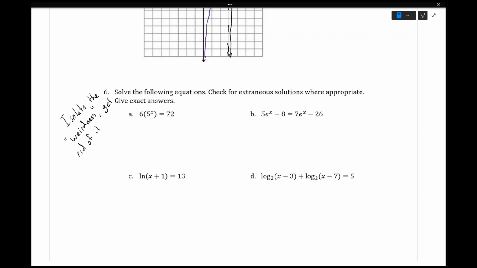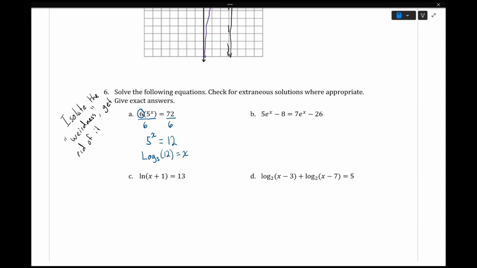The one problem I have is I have this 6 right here. So I need to divide both sides by 6. So I have 5 to the x equals 12. Now, why did I have you switching forms? Because we use it to solve equations. I'm going to switch forms here. I'm going to make that 12 the input of a logarithm base 5 and that x the output.